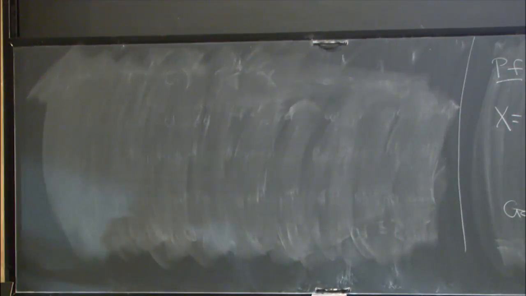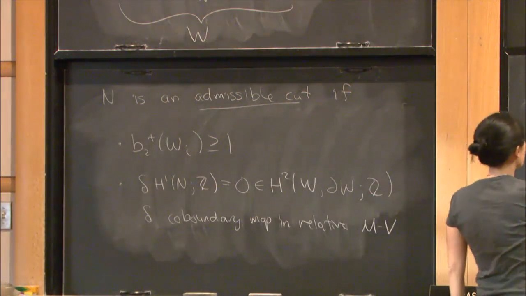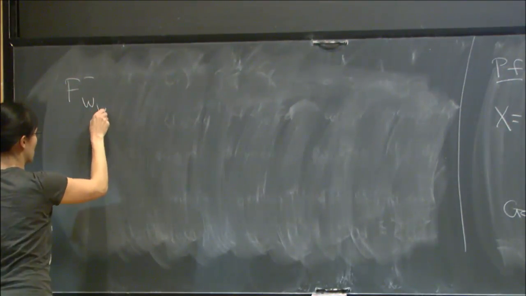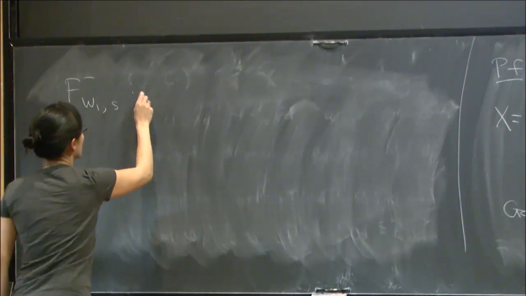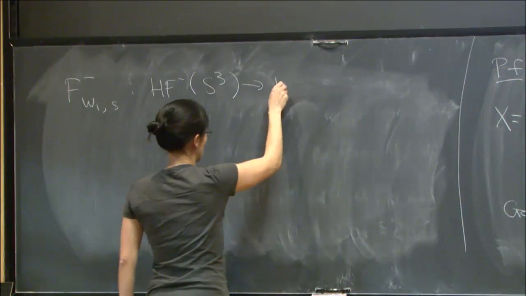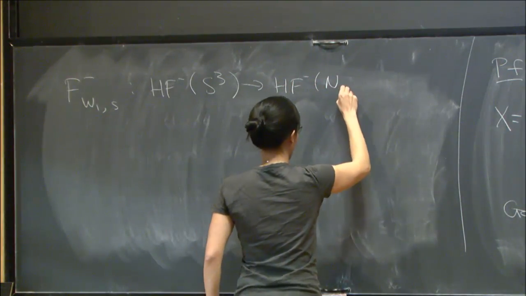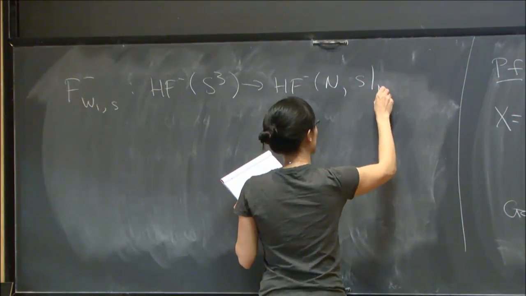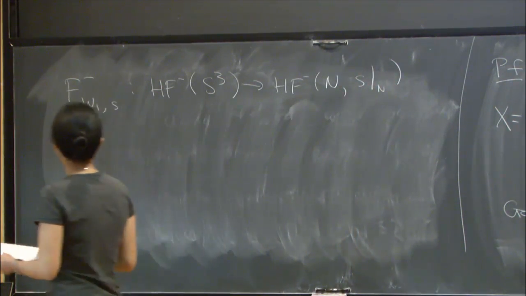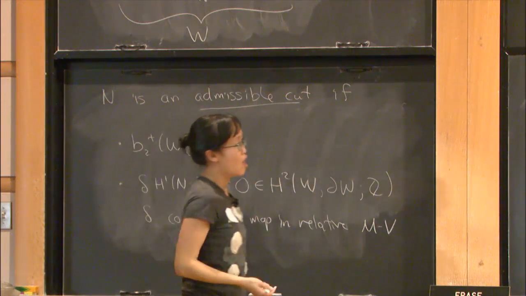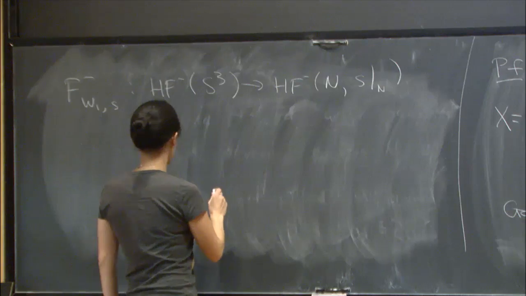So we have a cobordism from S3 to N. Let's consider the map F minus from HF minus of S3 to HF minus of N. And then we also have this cobordism from N to S3, and we'll consider the map on HF plus there.